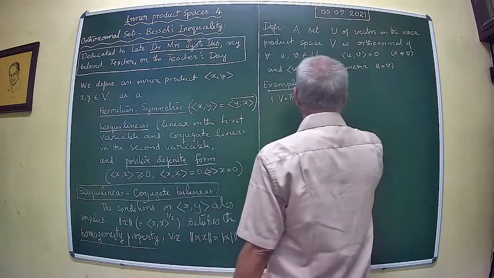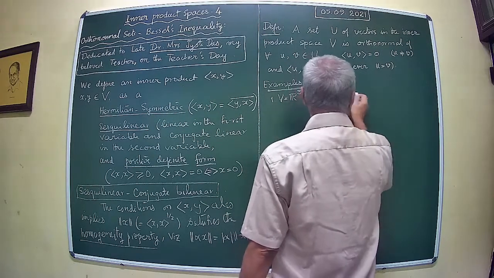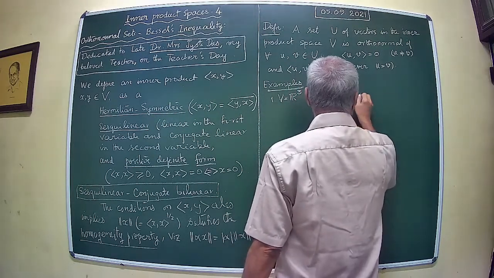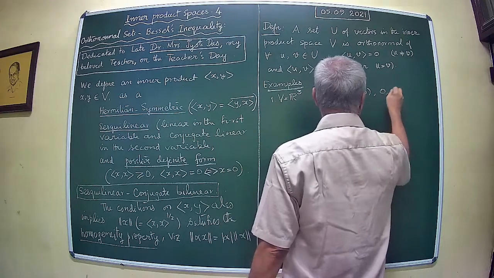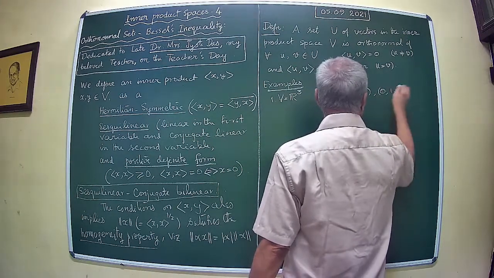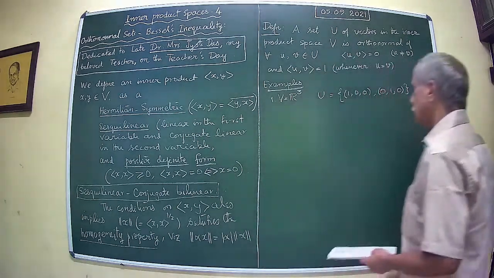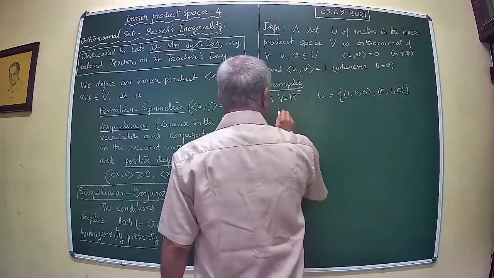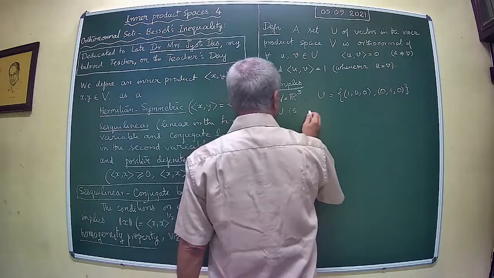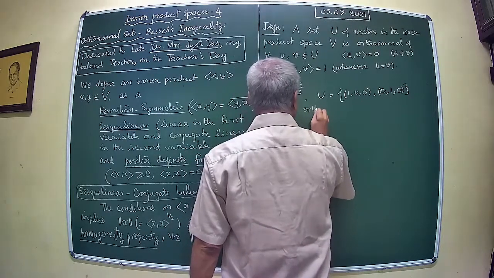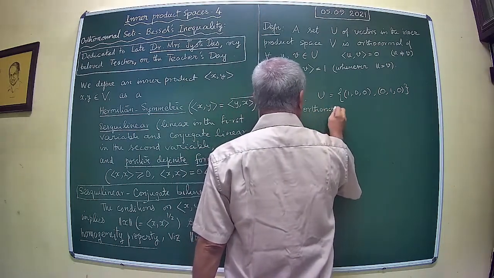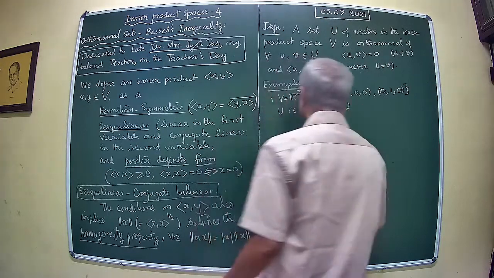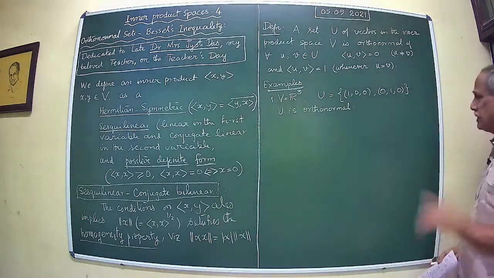You take U to be the following collection. This is a subset of V, and you see that it can be a finite set.